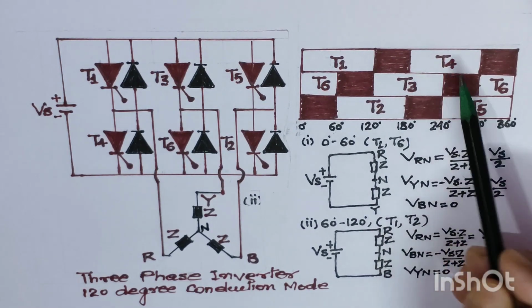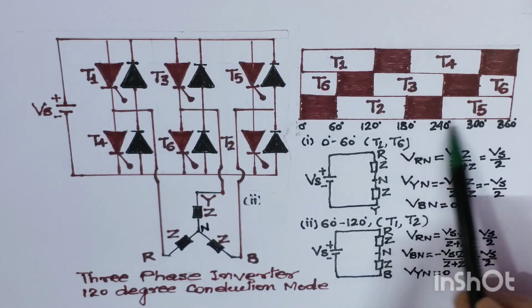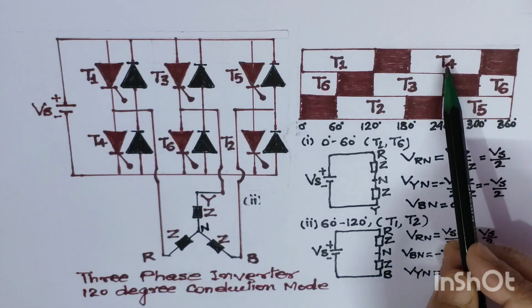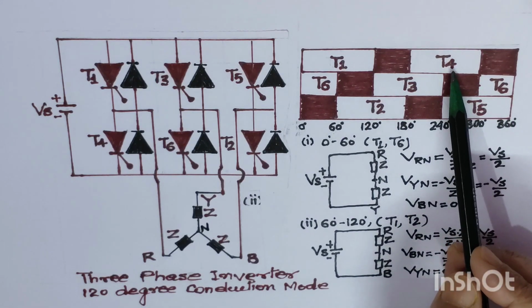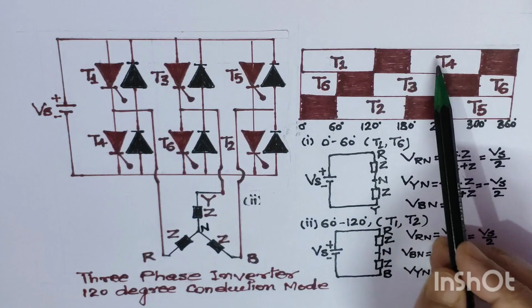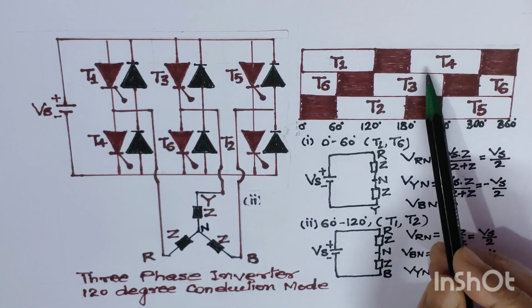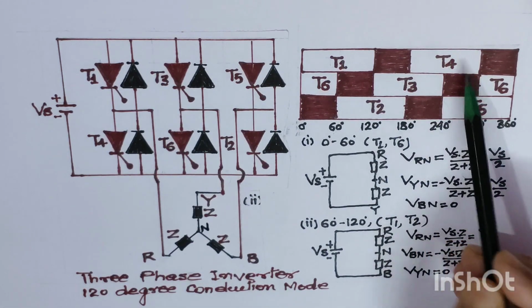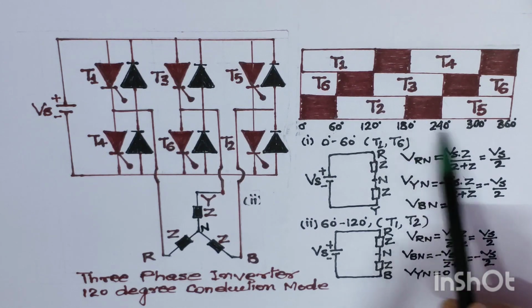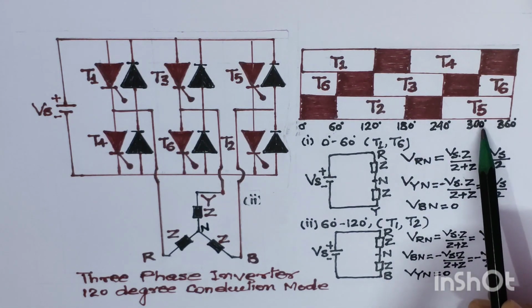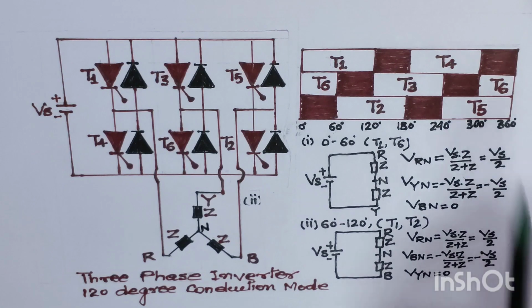Then, between 180 degrees and 300 degrees, we will give a firing sequence to thyristor T4. This is T4, placed here. So T4 will operate from 180 degrees to 300 degrees, a total duration of 120 degrees.